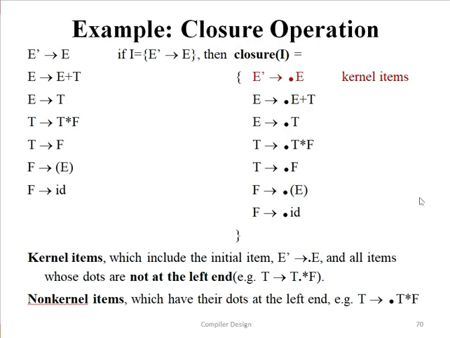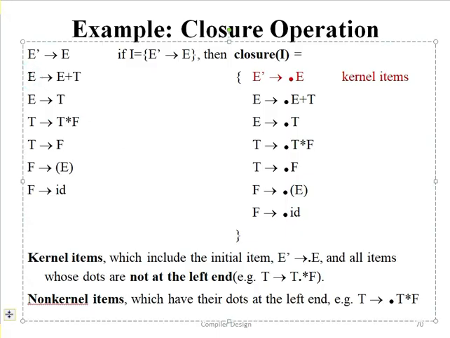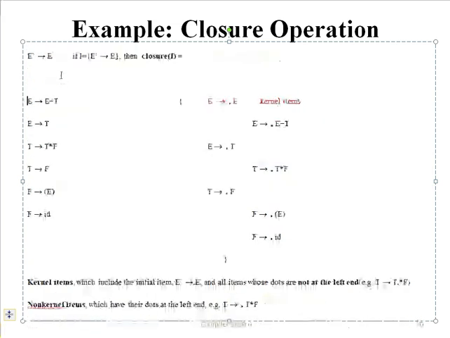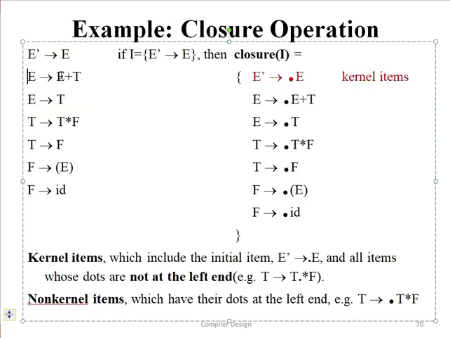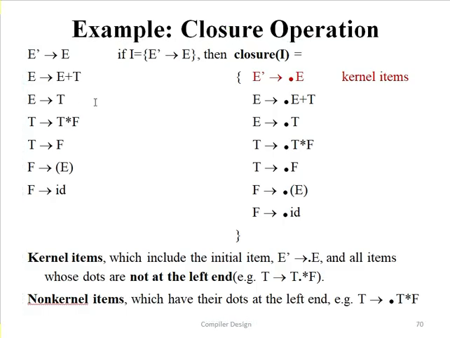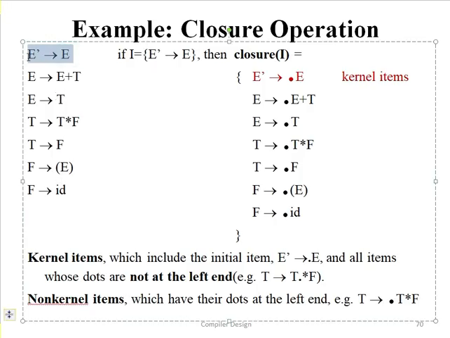So here, for example, assume this is a grammar G having those production rules: E derives E plus T, E derives T, T derives T times F, T derives F, F derives in bracket E, F derives ID. So those are the original production rules of the grammar. After augmentation, we need to augment the grammar first.